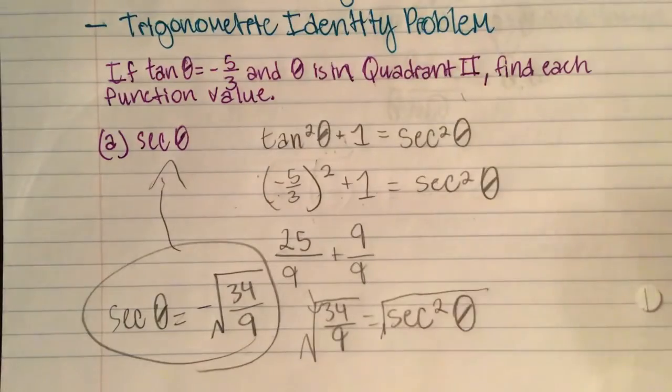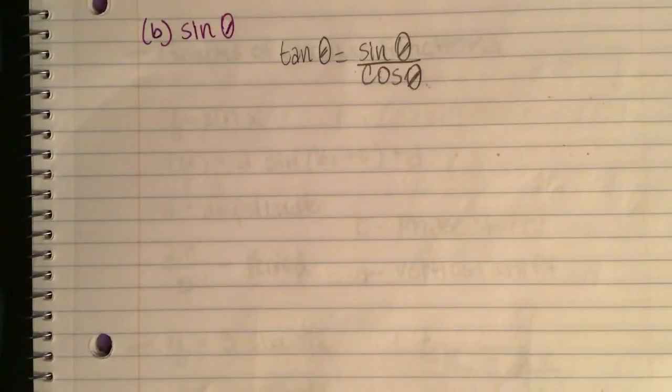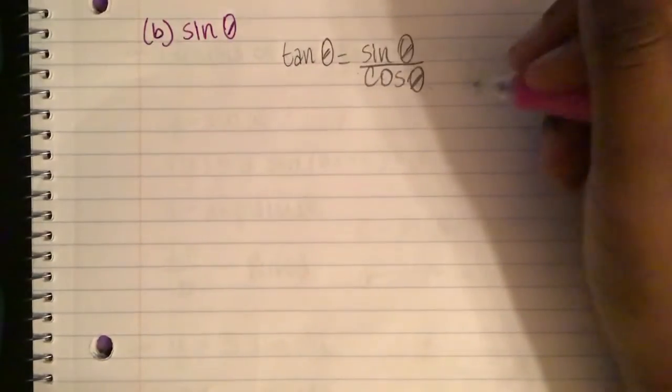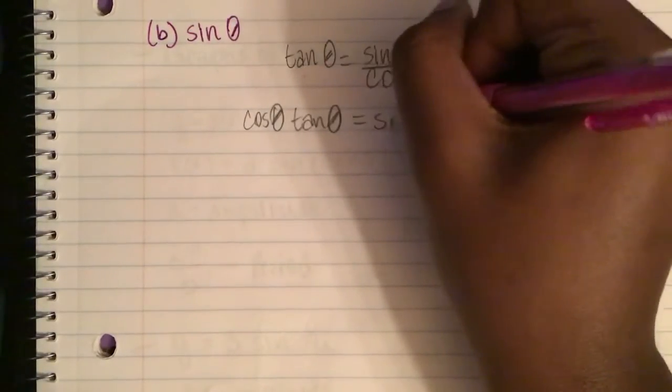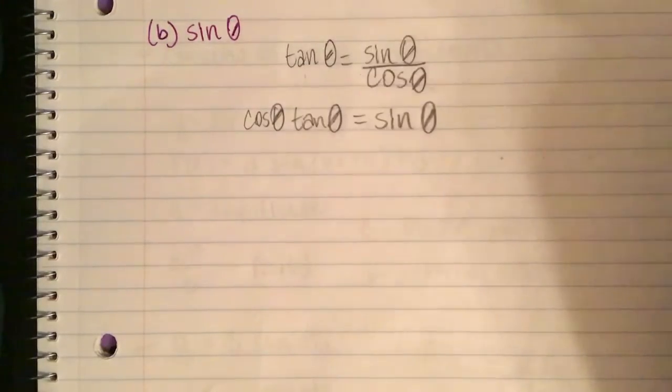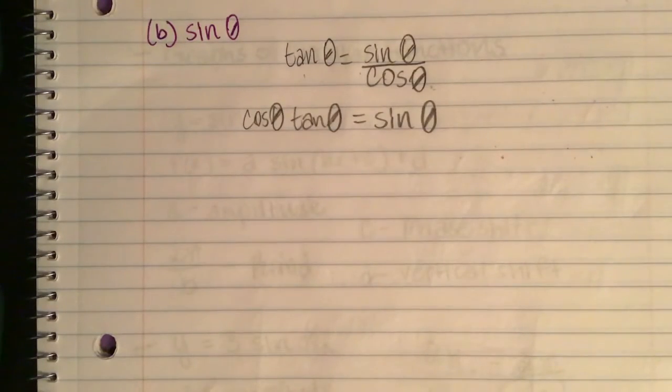Okay, so the first thing we're going to do is multiply out cosine and move it to this side. So that's going to give us the cosine of theta times the tangent of theta is equivalent to the sine of theta. Now we're going to make this problem a bit easier for us using reciprocal identities.